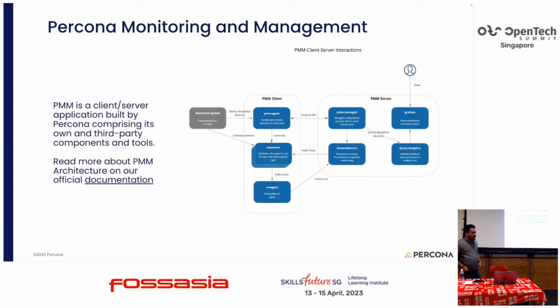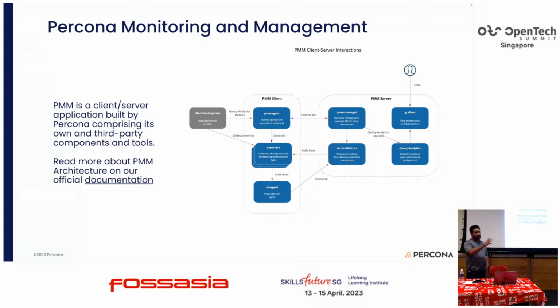Before going into the monitoring demo, I just wanted to quickly cover an architectural overview of what PMM architecture looks like. It's not an in-depth analysis, but I have referred to the documentation where you can go in and check more details around how PMM actually works.